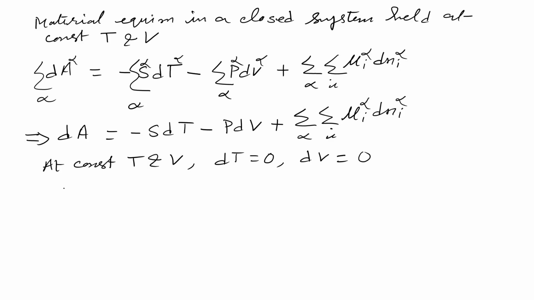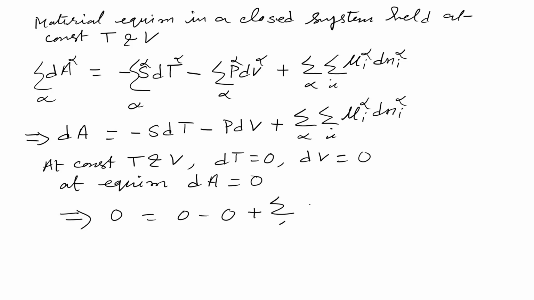Then when equilibrium is reached, dA also is equal to 0. So once again dA is equal to 0 minus 0 plus the summation over alpha, summation over i, of mu i alpha dn i alpha.